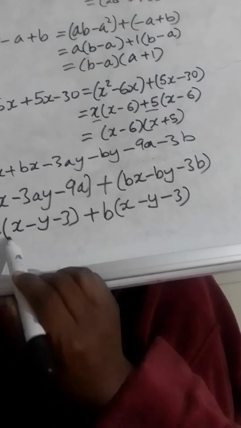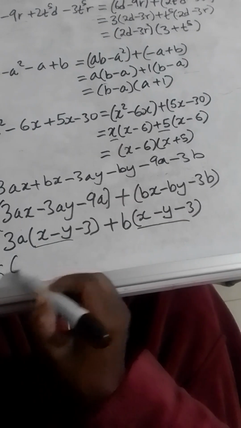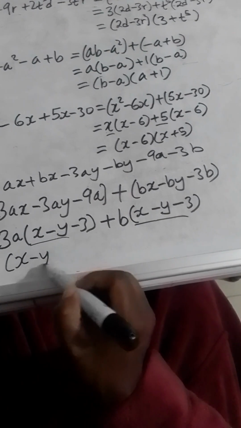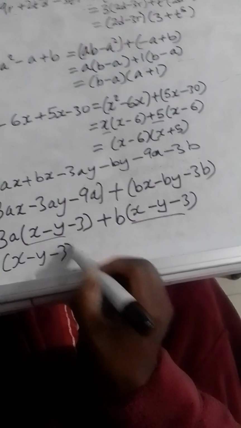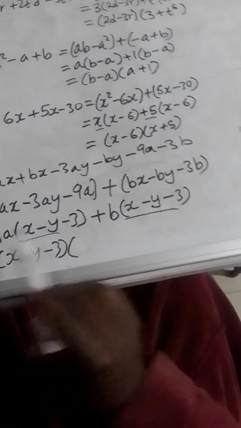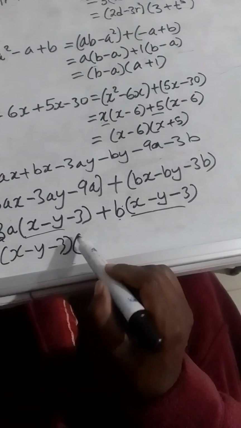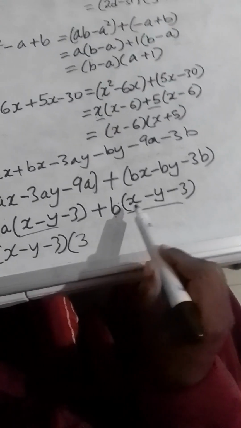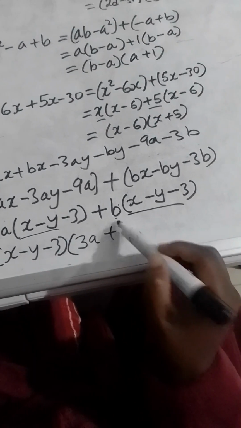And so you see this common trinomial factor. We can take it out. We have x minus y minus 3. And then in the other bracket goes what is outside the brackets. Because if you remove this here, you're left with 3a. You remove it here, you're left with 3b.